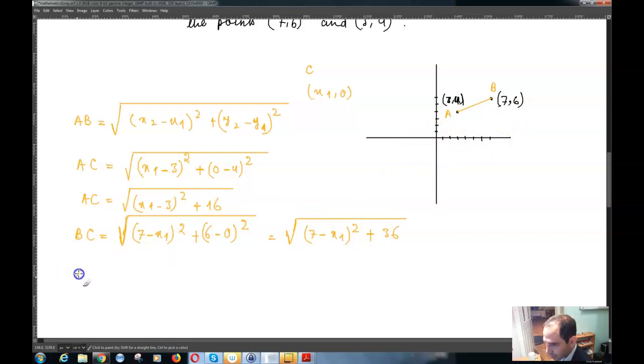So I can write AC is equal to BC, which means the square root of x1 minus 3 whole squared plus 16 is equal to the square root of 7 minus x1 whole squared plus 36.